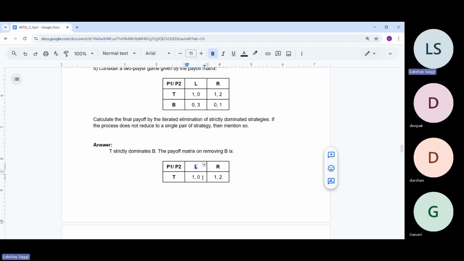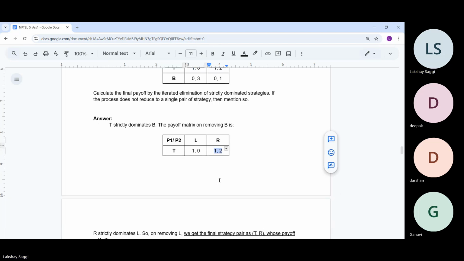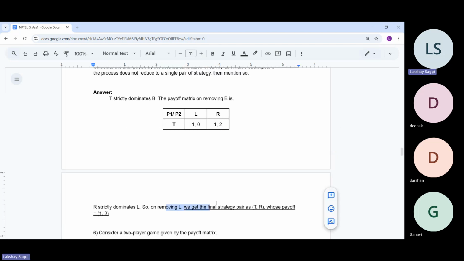If the column player played L, the payoff is 0. So since 2 is greater than 0, this means that R is a strictly dominating strategy over L. So you can again remove this entry L, and you will arrive at this T comma R. So on removing L, we get the final strategy pair as T comma R.